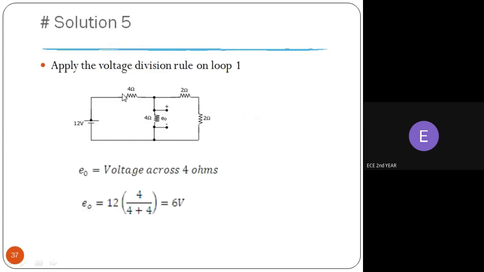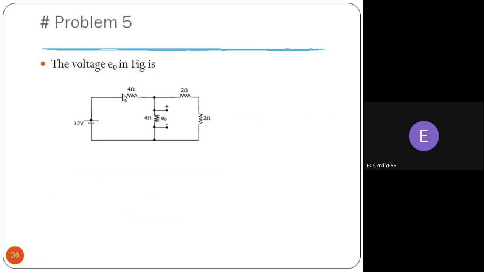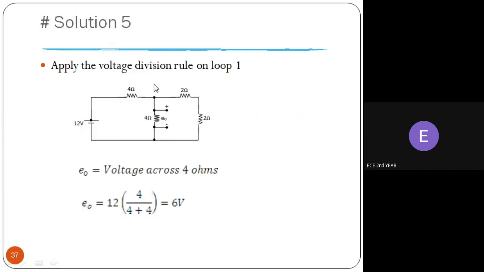So apply voltage division on loop 1, where two 4 ohm resistors are connected in series.